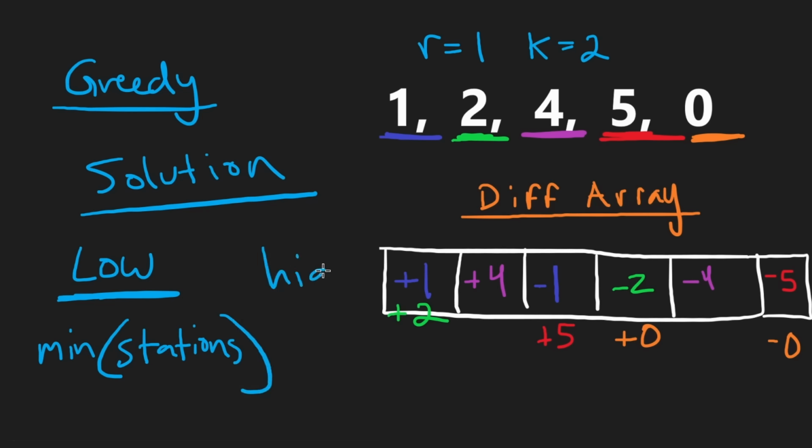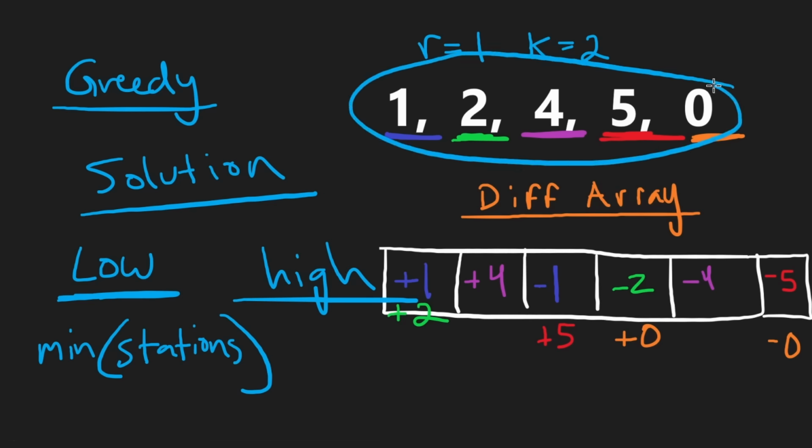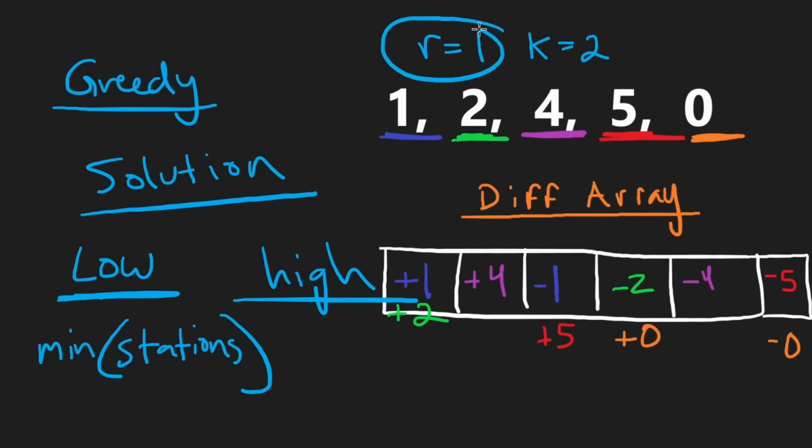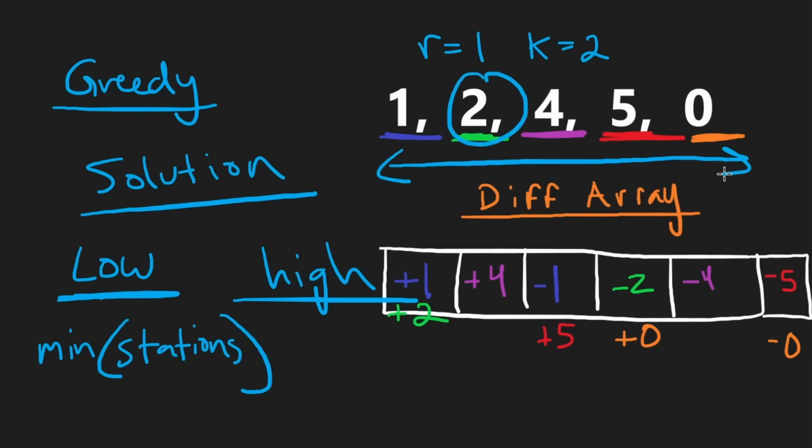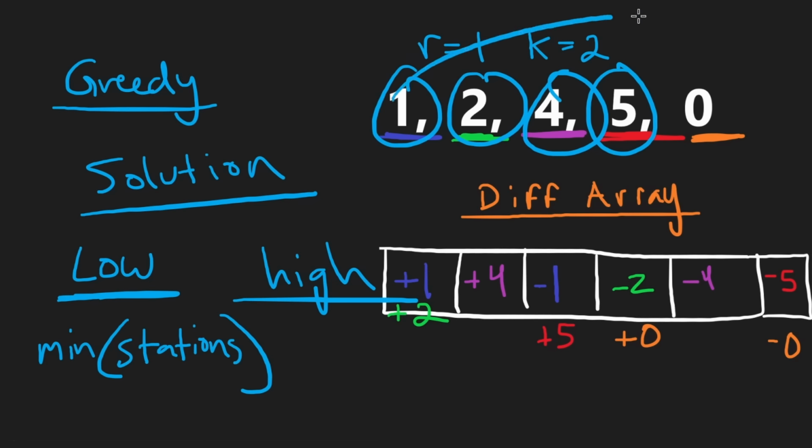Well, the high, the largest theoretically it could be, is not obvious how to calculate at first, but theoretically, knowing these are all of our station values, what if the range of this was big enough so that for each of these, it covered the entire size of the array? Well, then we would basically say that every single one of these values summed up together could apply to any of the other stations.